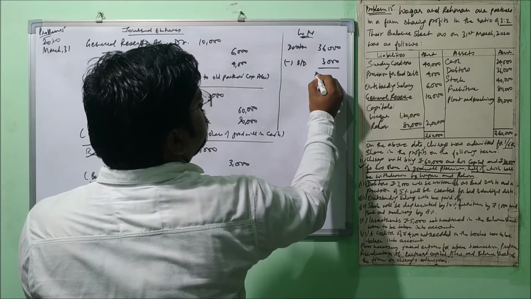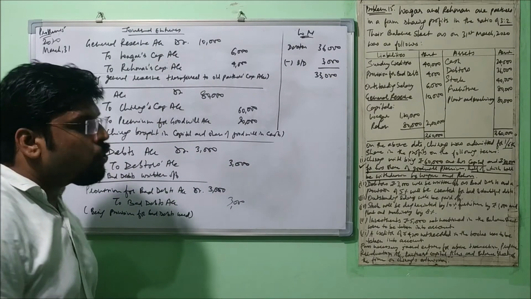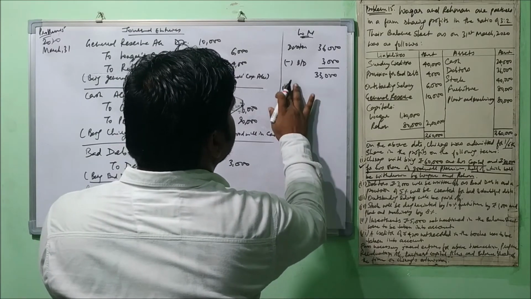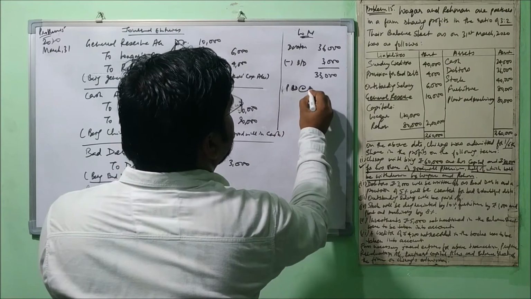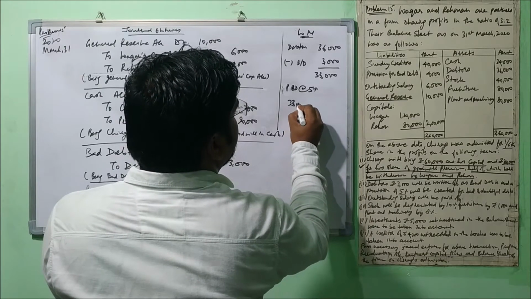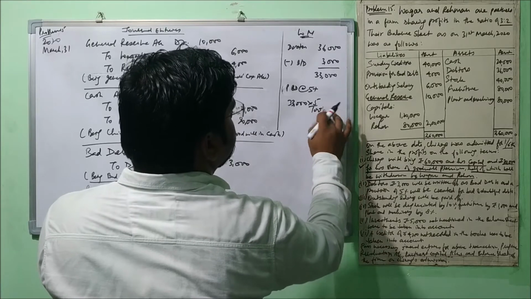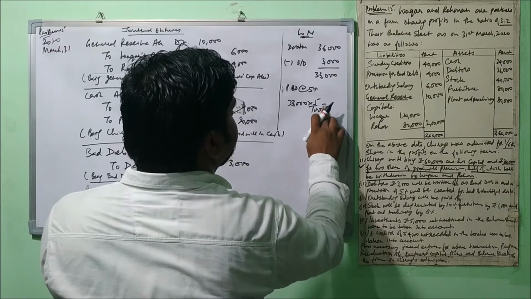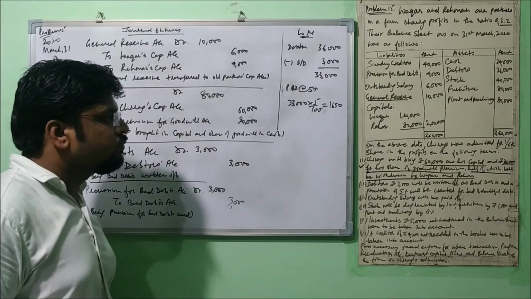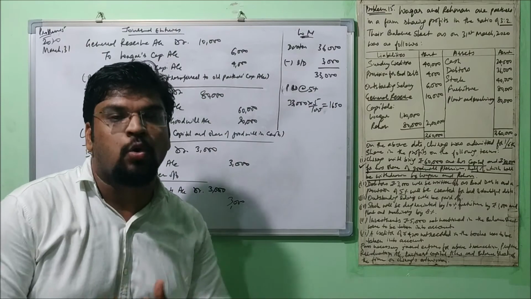So now the debtors value is 33,000. So on this 33,000 we will calculate provision for bad debt at the rate of what percent? 5%. So we will calculate 5% on 33,000. How much does it come out? 1,650. Now this has to be the amount of provision from now onwards.